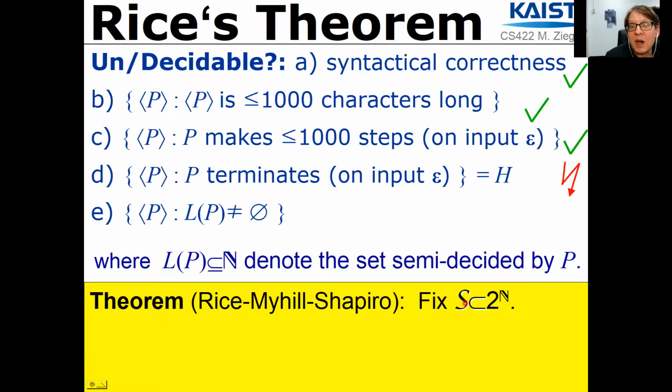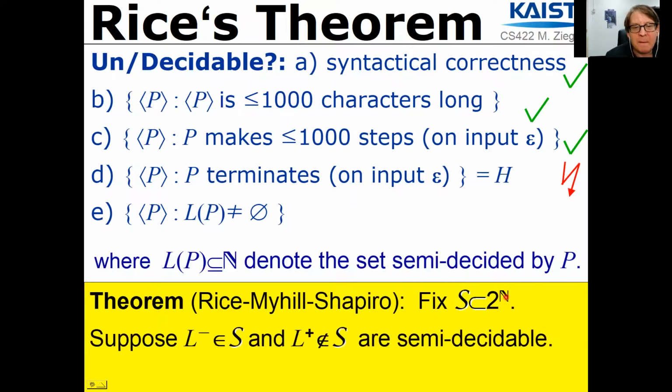I forgot to mention that. Oh no, we're going to get there in a minute. So this is a subset. So this is kind of a collection of decision problems. That's one way of looking at it. And it's supposed to be a non-trivial collection, not the entire set of all decision problems. And here's the hypothesis of the Rice theorem that says this collection of subsets must be non-trivial.